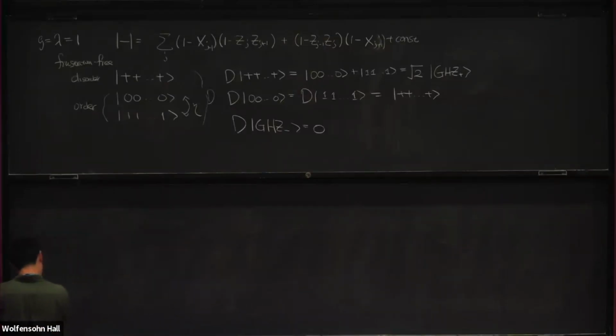So let me try to motivate that a little bit. So let's just think about the Z2 symmetry to start with. For the Z2 symmetry, you can think about the operator, which is just eta.